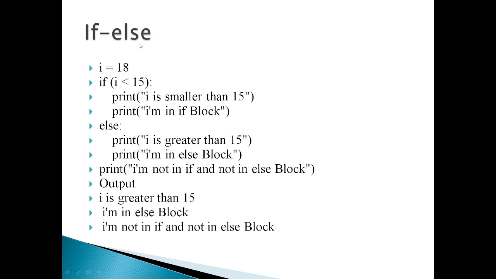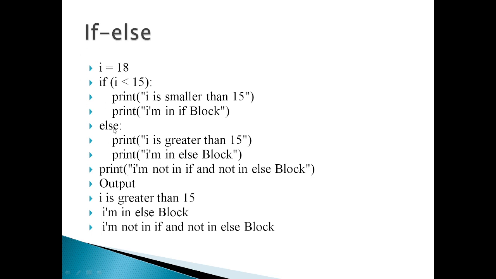Next is if-else. Suppose we have a variable i that has value 18. हमने 18 assign कर दिया है i को. If i is less than 15: 18 is less than 15 is incorrect. So we will shift directly to the else part instead of going inside.